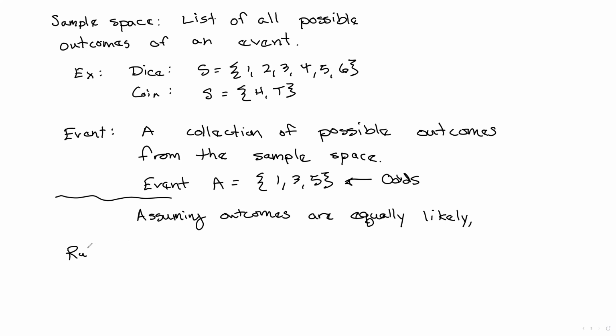Rule 3 is the probability of an event equals the number of outcomes in the event divided by the number of outcomes in the sample space.